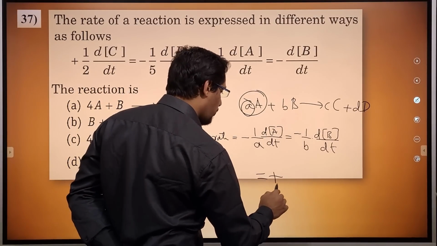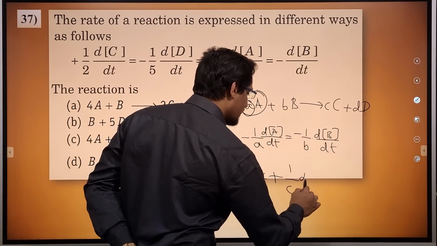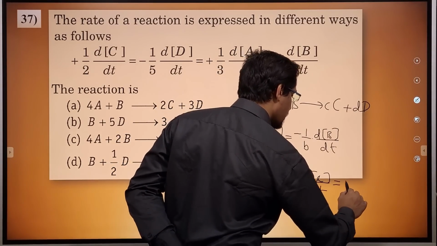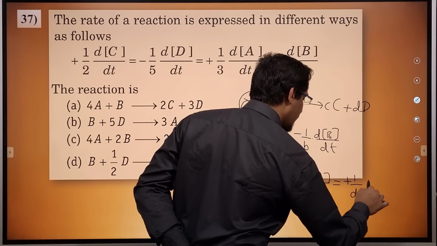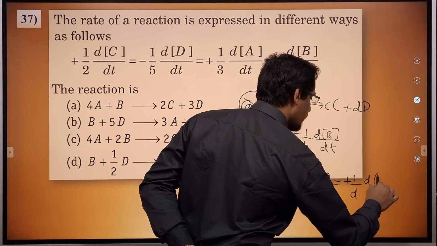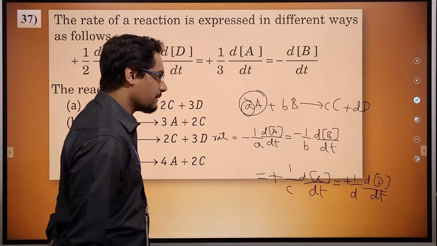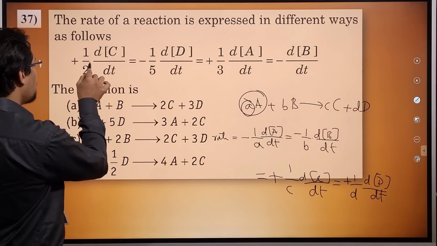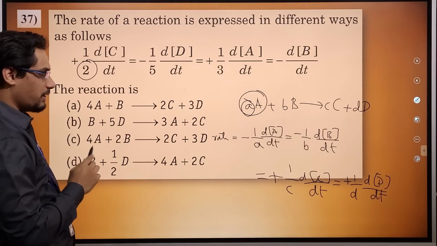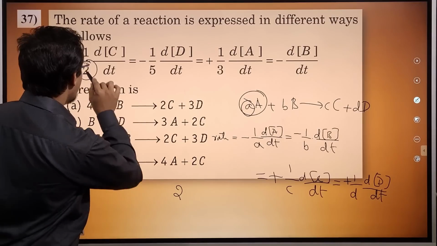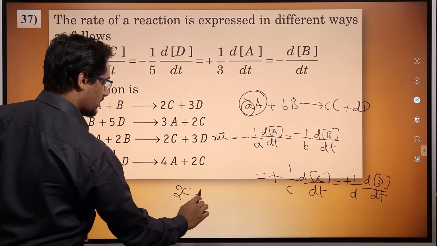This is equal to plus 1 by c dC upon dt, which is equal to plus 1 by d dD upon dt. Correct? Here they have given plus 1 by 2, then it must be what? 2. As we have a positive sign, it must be the product, 2C.